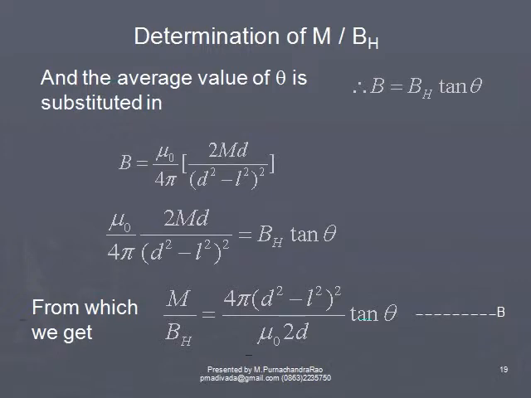In this relation, the values of mu naught by 4 pi, d, L and theta are substituted and M by BH is calculated. Thus we determine M by BH with deflection magnetometer.